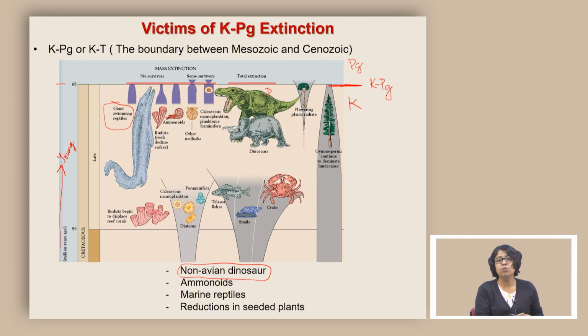Now, let us focus on other groups, non-vertebrate groups. So, among non-vertebrate groups, we know that there are different types of organisms living in the ocean. Many of them have hard skeletons. Among those organisms, one organism was very abundant throughout Mesozoic, and they are called ammonoids.